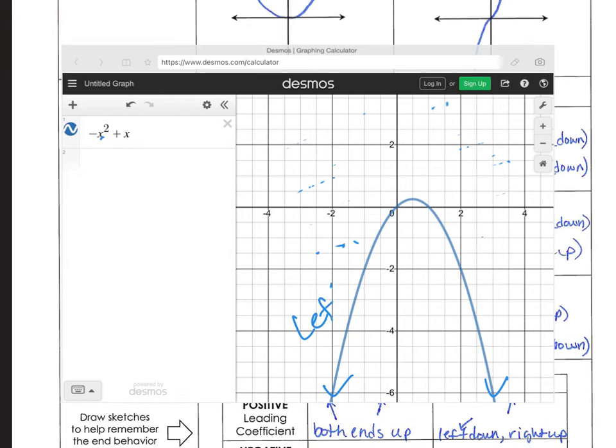Here's the left side, here's the right side. On both of these, f of x is approaching negative infinity. They're both moving down. We're getting more negative. Okay. So, like I said, these answers are already on here, but I wanted to explain how we got these, and it's really looking at where the arrows are pointing. So let's look at another one.